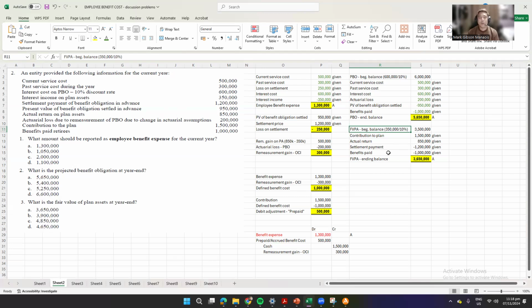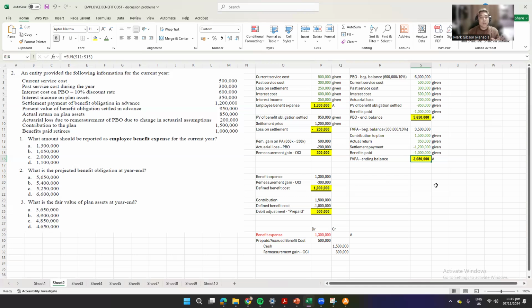No? So therefore, our beginning balance for the FVPA is 3,500,000. Contribution to the plan, 1,500,000 given. Actual return, no? So we have 850,000. Settlement payment, so 1,200,000. Benefits paid, so that's 1 million. So just get the sum. So we can now get the fair value of plan assets ending, no? So at year end, it's 3,650,000 or letter A.